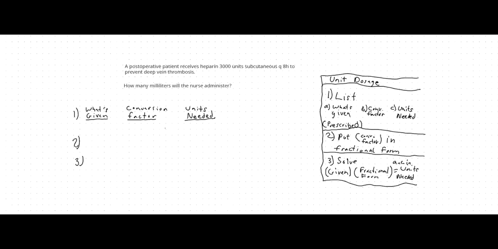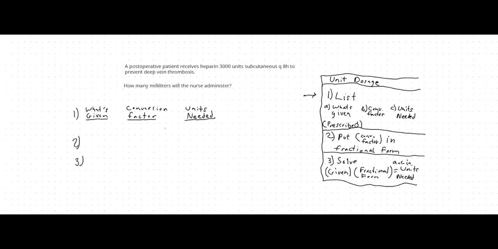So the first step, as you see written out here, is to get those three pieces of information. Step one is to find out what's given, the conversion factor, and the units needed.